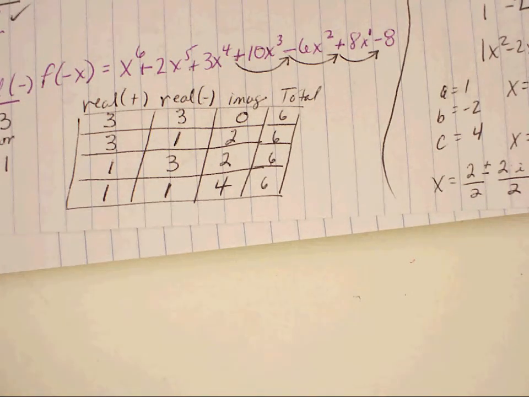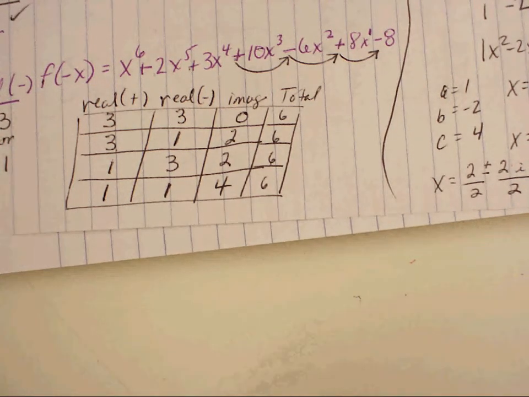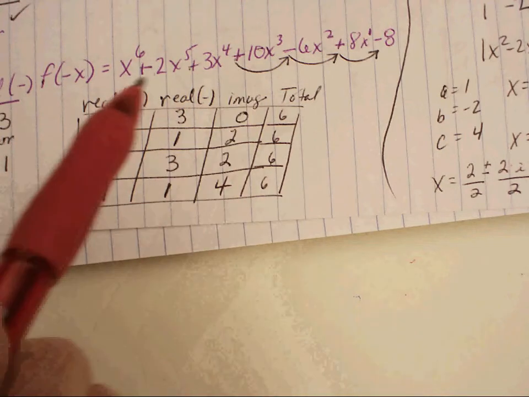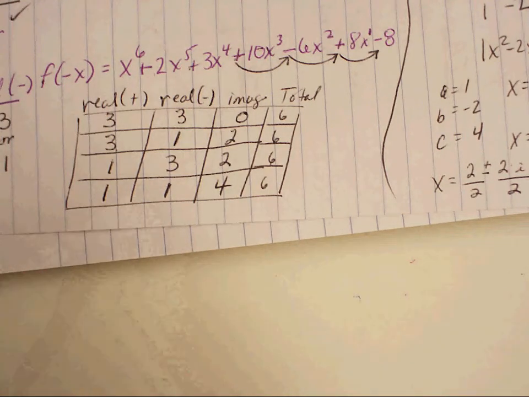What happens to the 2 over 2 right here? Cancels to be 1. So I have 2 imaginary solutions, one negative real solution.